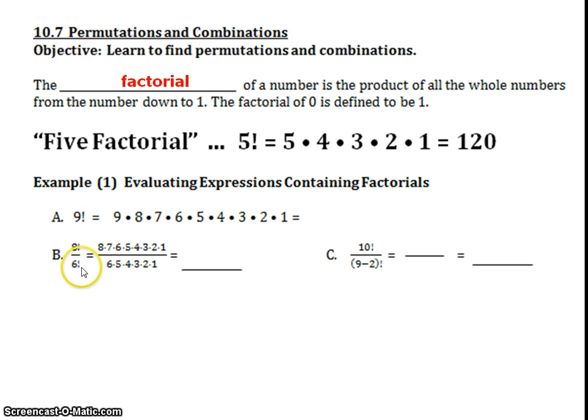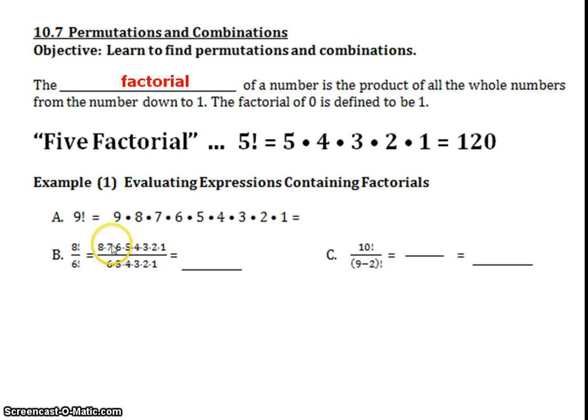In letter B, we want to find 8 factorial divided by 6 factorial. Now if we write that out, we would have in the numerator 8 times 7 times 6 times 5 times 4 times 3 times 2 divided by 6 times 5 times 4 times 3 times 2 times 1.